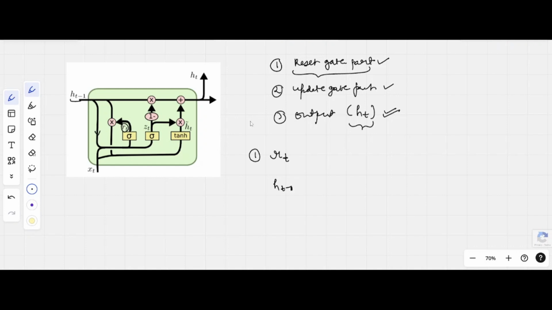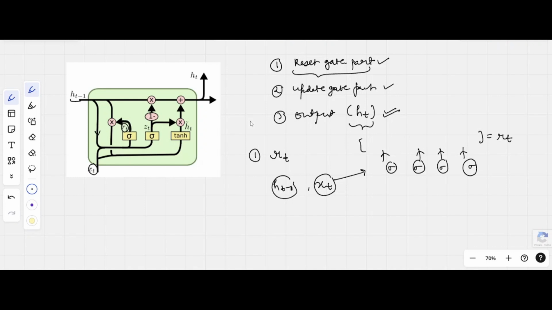And this is XT, that is the input at current timestamp. This goes as input in our single layered neural network where we have sigmoid as activation function, and what we get as output is a vector called RT.